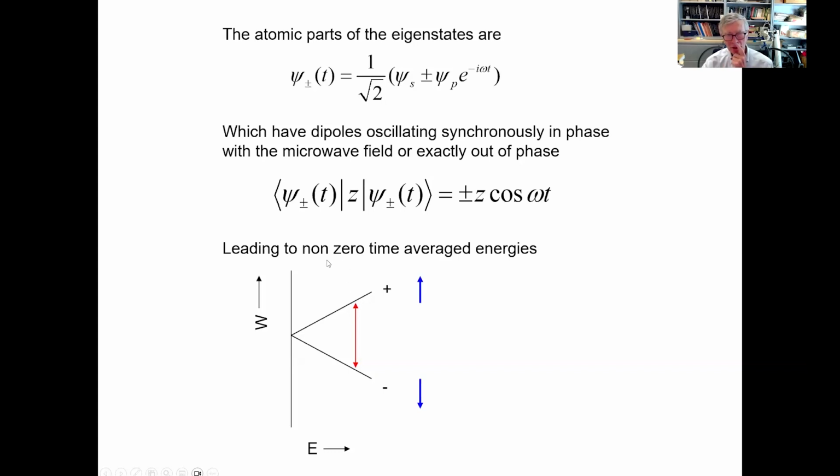I should be a little bit more careful. It's not just the time average; I mean it's averaged over at least an integral number of cycles of the microwave field. Okay.